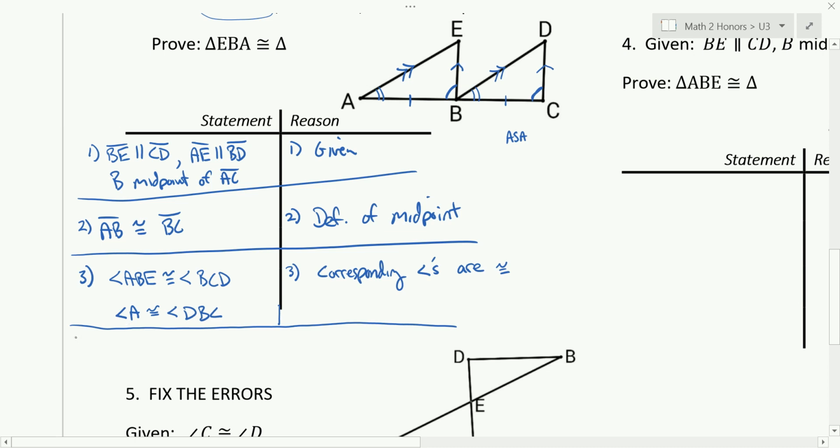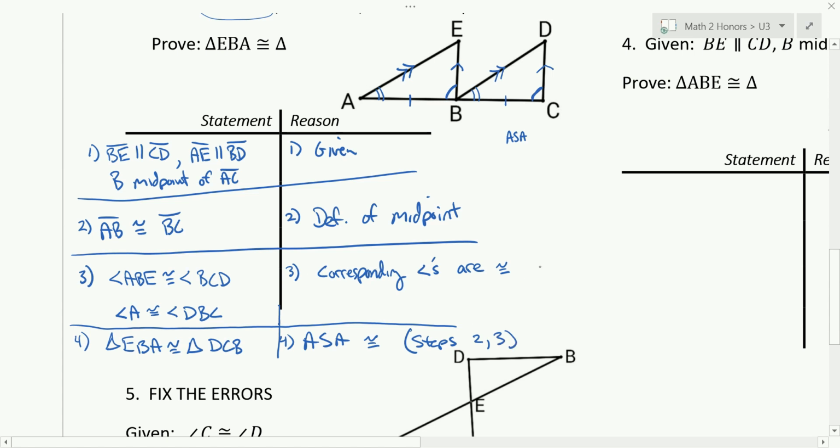And then we have enough info, so we can say that triangle EBA is congruent to which triangle? DCB. And we said angle side angle congruent. And that relies on steps 2 and 3.